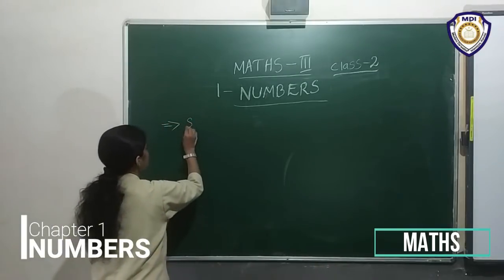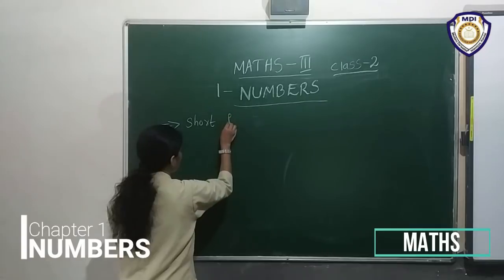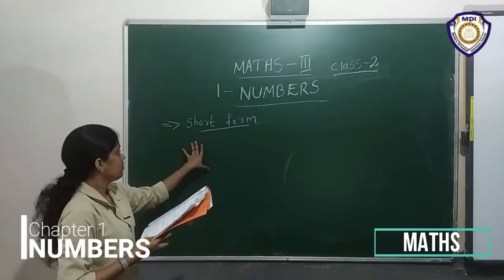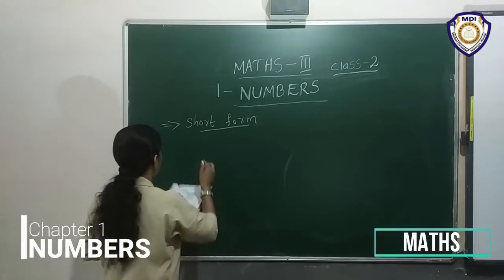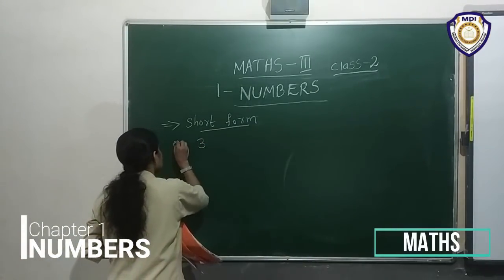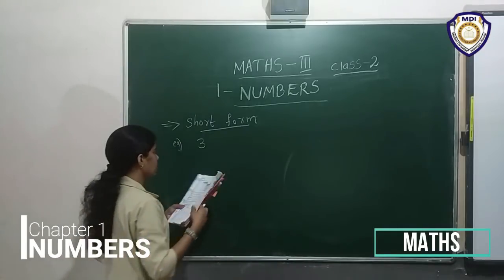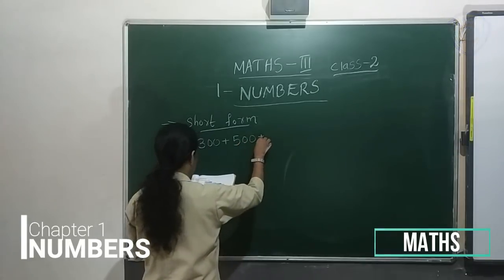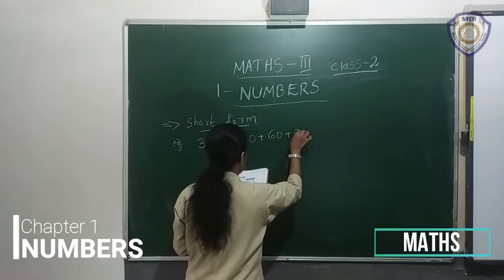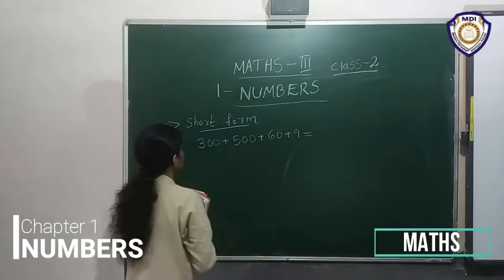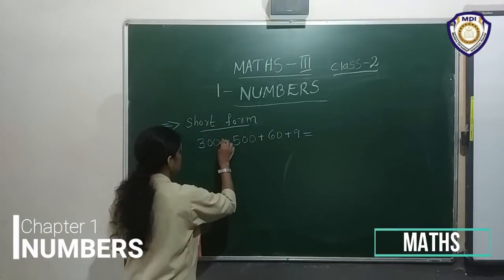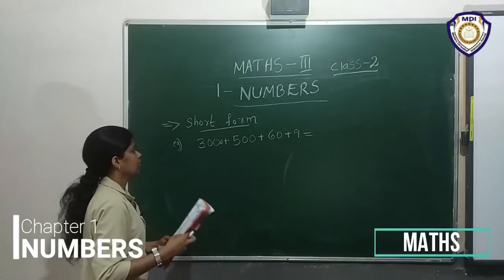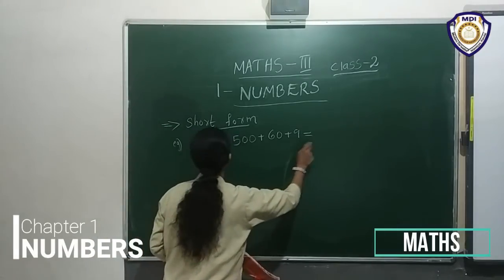One example for you. 3,000 plus 500 plus 60 plus 9. We added all place values.